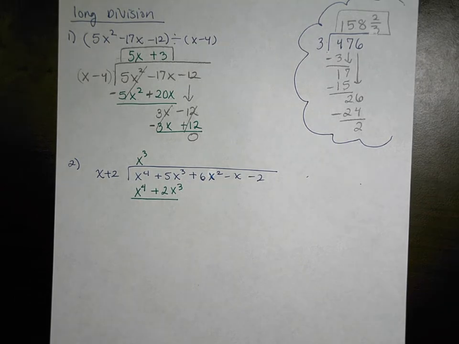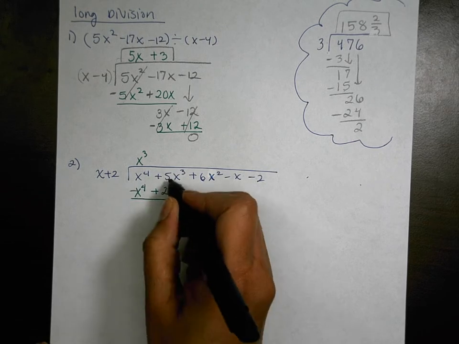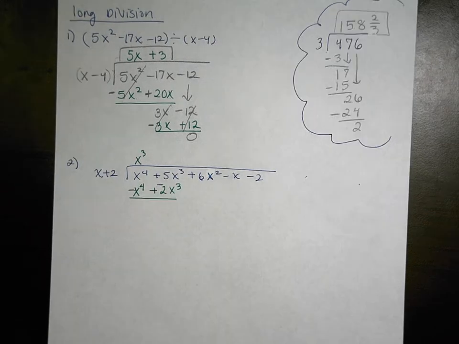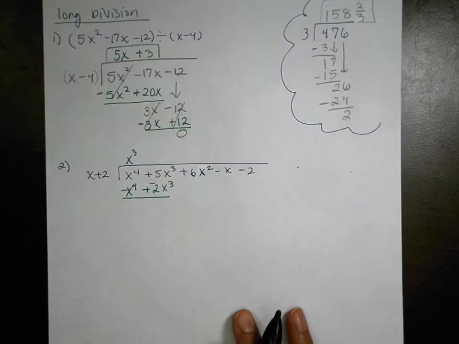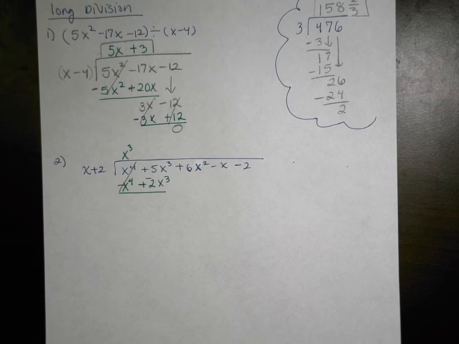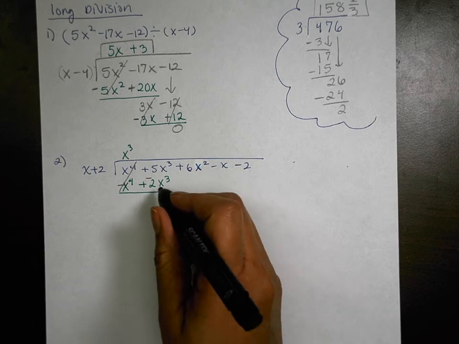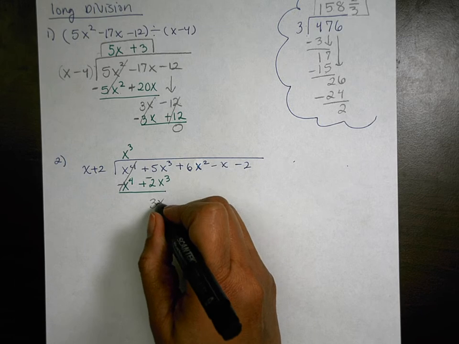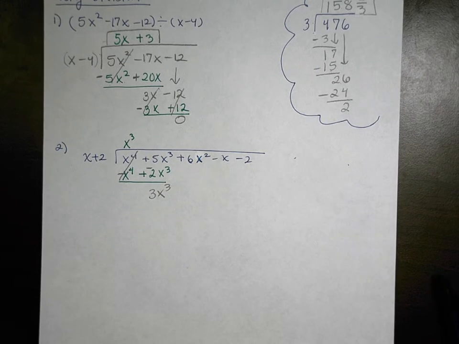I change both signs because I subtract this one and I subtract this one. First one should always cancel out. What's 5x cubed plus negative 2x cubed? 3x cubed. And I'm going to let you guys continue from there. Check with your shoulder partner.